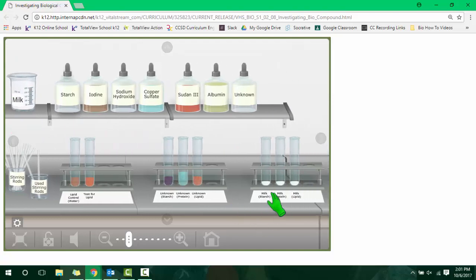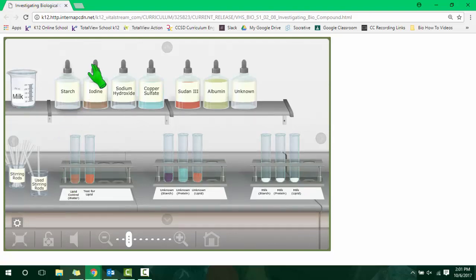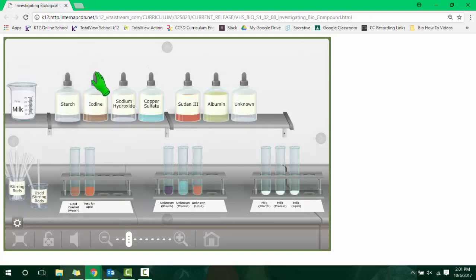Okay, so I have a pipette of milk in each test tube, and then we're going to use the indicators for starch, protein, and lipid. So again, for starch, we use iodine. Oh, it's not clicking for me. Huh, okay. There we go.